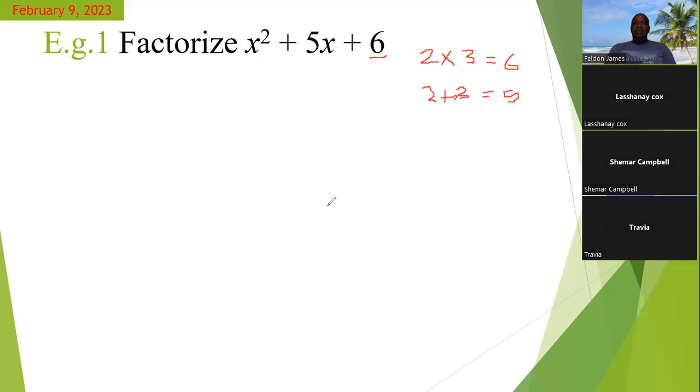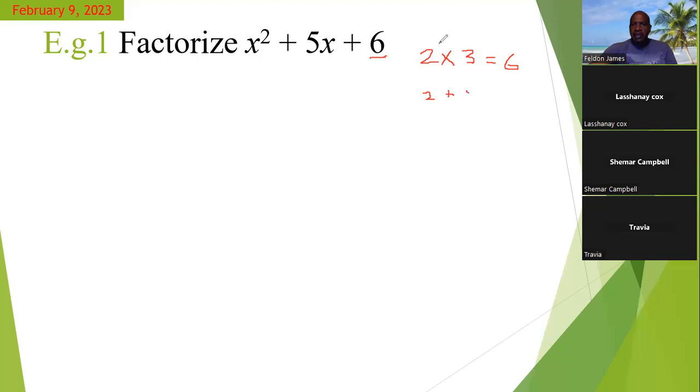All right, now once we identify those two numbers, the same two numbers we multiply to get 6, and we add them to get 5, we are going to use those two numbers to replace the middle term.